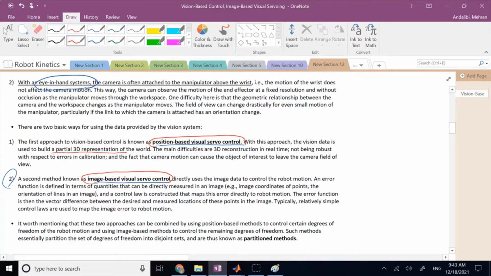You don't need the whole world around the robot to be modeled. When it says partial, what is it that you want to make a 3D model of? Only the object that you are trying to handle. You don't need everything else around that object to be modeled, okay? Only the parts that the end effector is to interact with, you try to 3D model that.